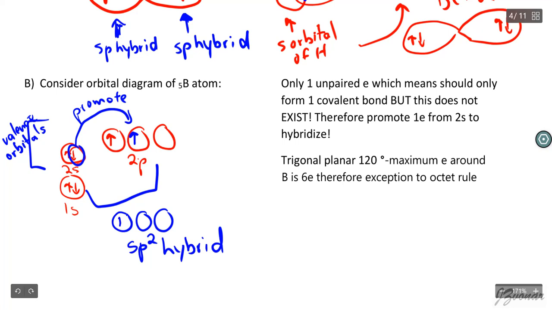So I have 3 half-filled hybrid orbitals and 1 unhybridized p orbital. We'll label this so you remember that this is an unhybridized p orbital.